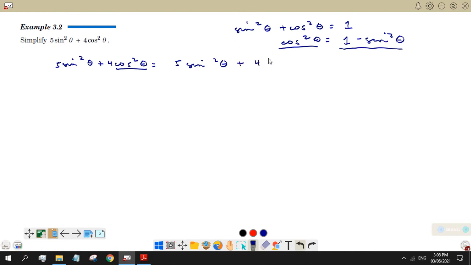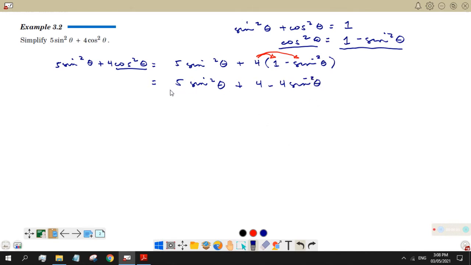So dito, magiging 4 times, yung value niya na nandito, 1 minus sine squared theta. Then we will have 5 sine squared theta. And using distributive property of equality, we are going to distribute 4 to both of the terms inside. So we will have 4 minus 4 sine, may squared pala to, sine squared theta. Yan.